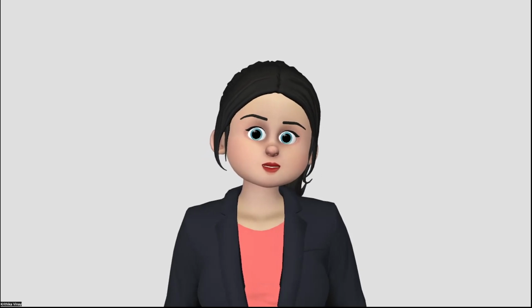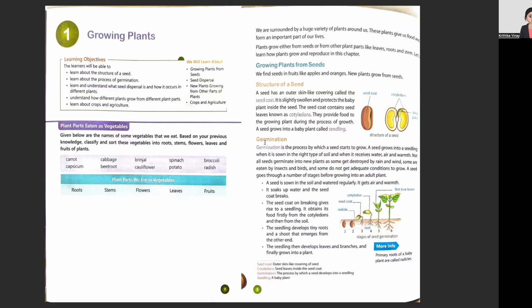Let me share my screen. Okay, so this is our chapter, Growing Plants. Sorry about that. So we are surrounded by a huge variety of plants around us. What does that mean?